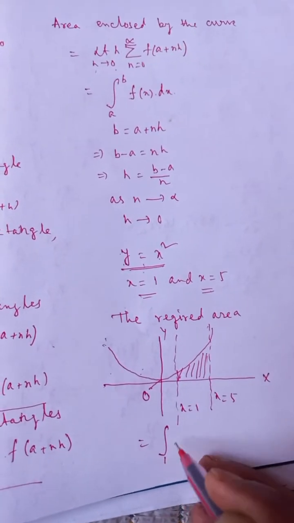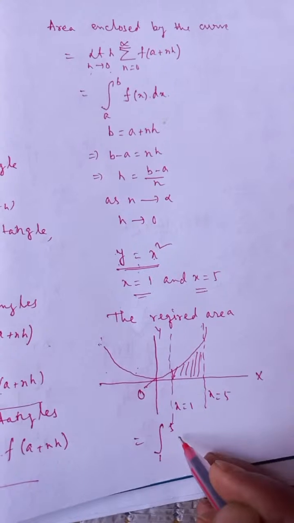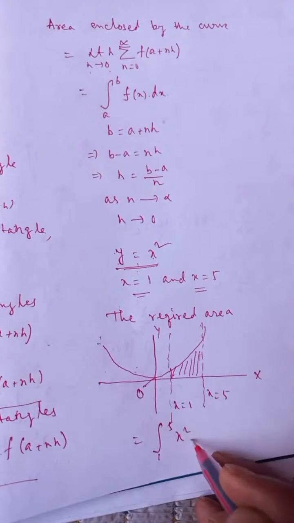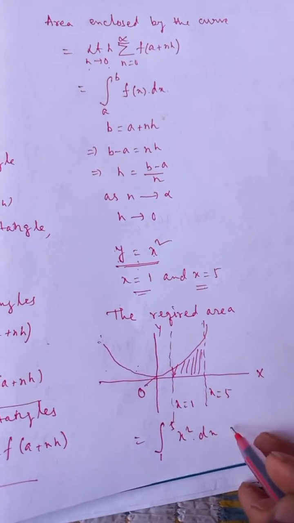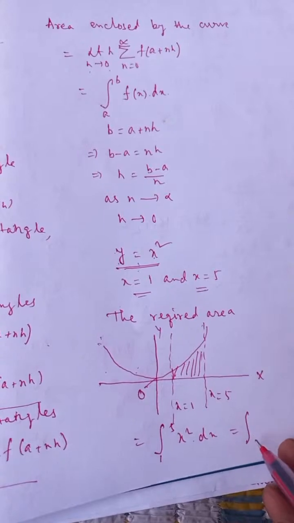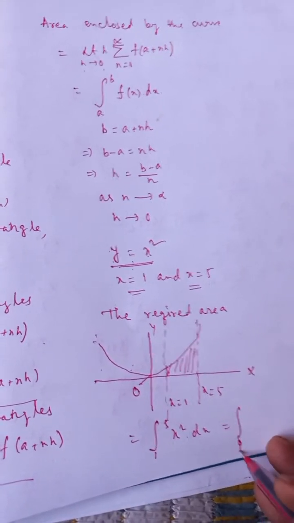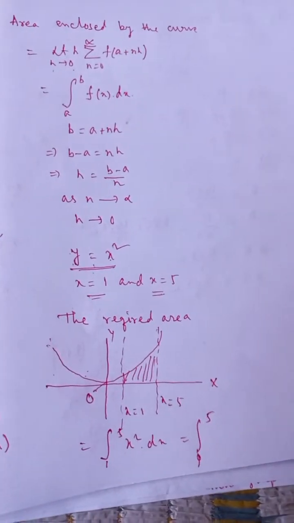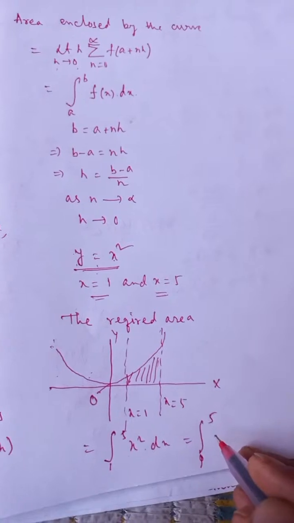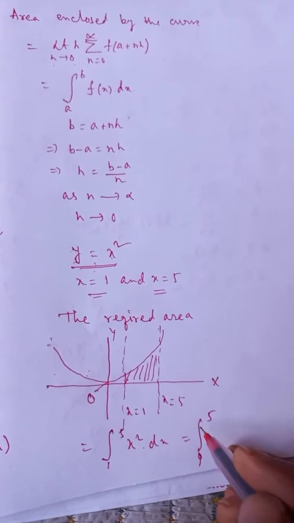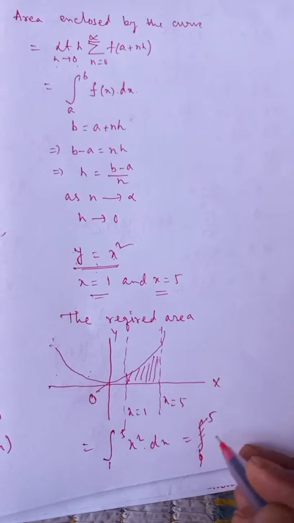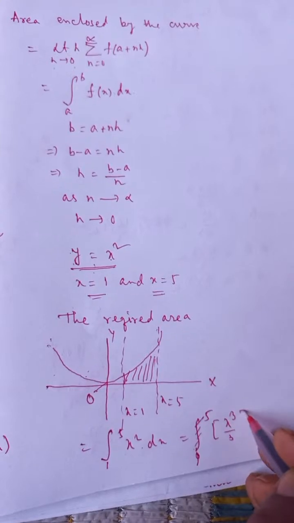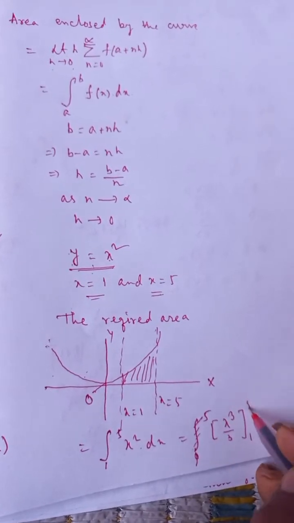The required area will be the integration from 1 to 5 of f(x), which is given as x square, dx. So this will be the integration from 1 to 5 of x square. The integration of x square we know is x cube by 3, from 1 to 5.